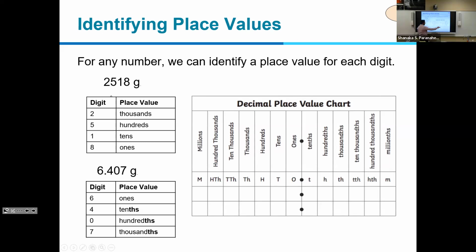You can use the place value in standard form, like this is 1, 10, 100, 1000. This side it's going to be 0.1, 0.01, 0.001.